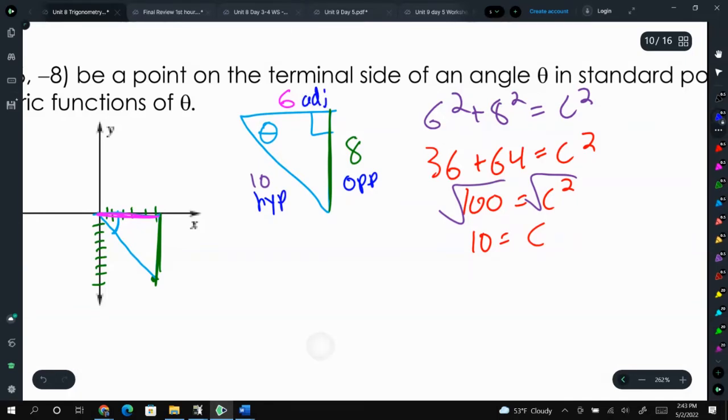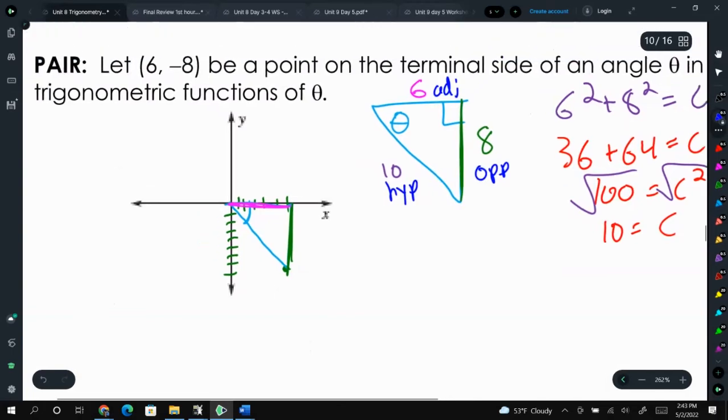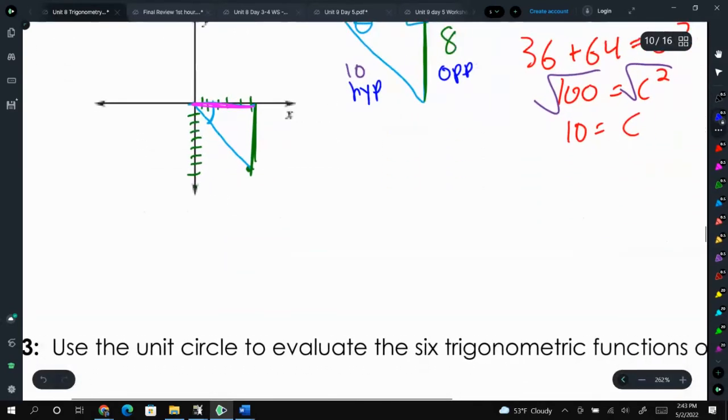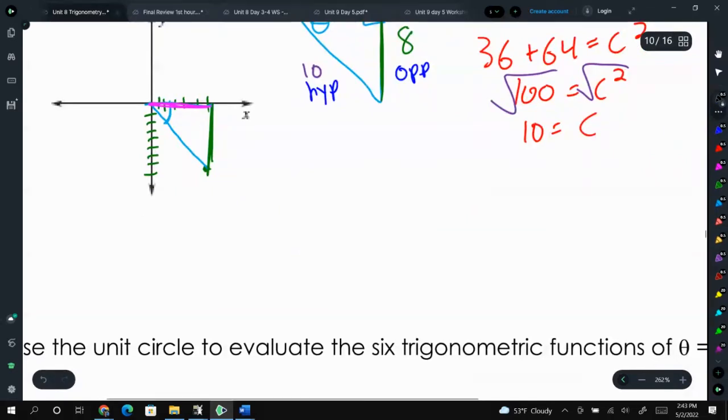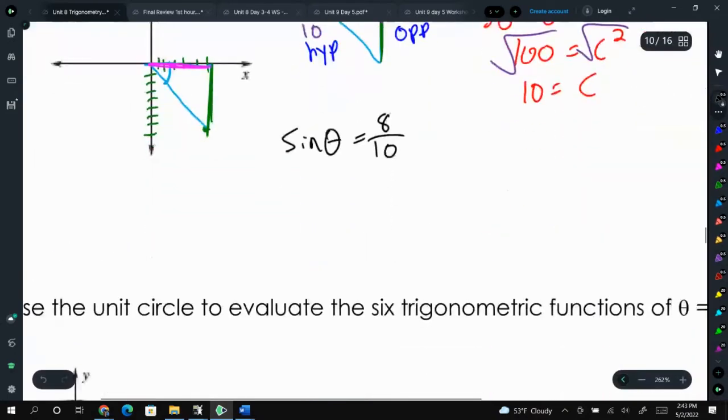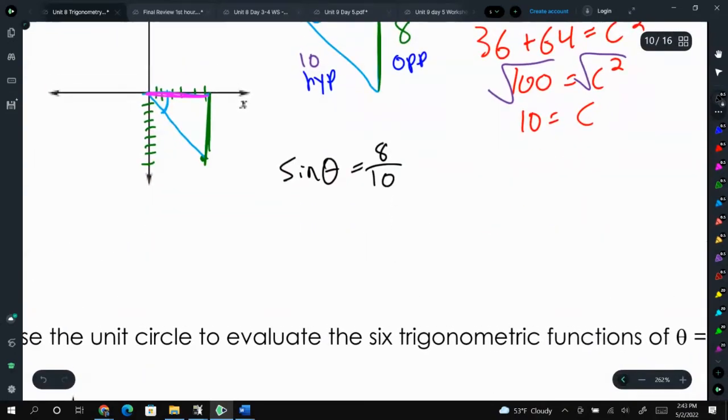But since we are in quadrant 4, y is negative, x is positive. That means our sine is going to be negative, and our cosecant's negative. Our tangent and cotangent will be negative as well. So sine of theta, sine is the opposite over hypotenuse, 8 over 10. Now, up here, we couldn't reduce any of these fractions. We can reduce these fractions.